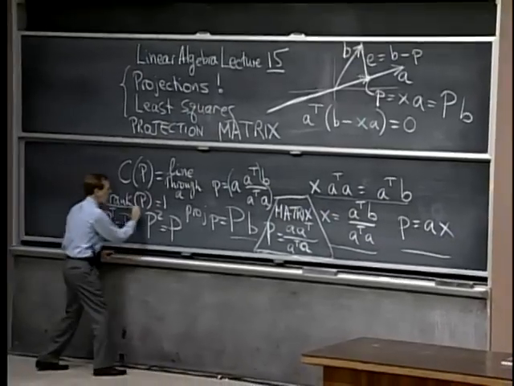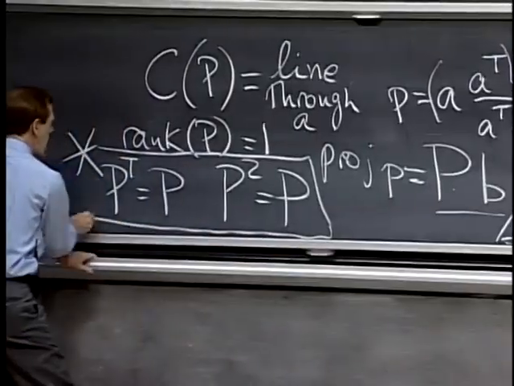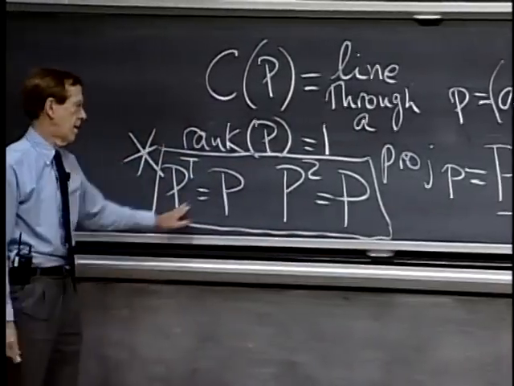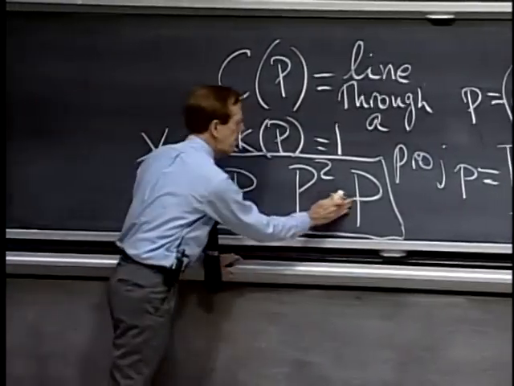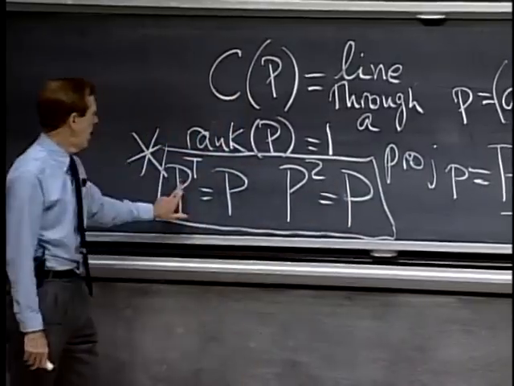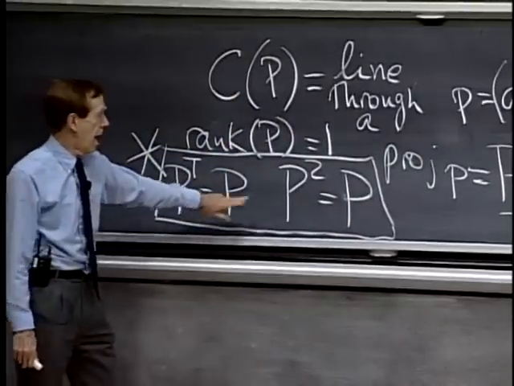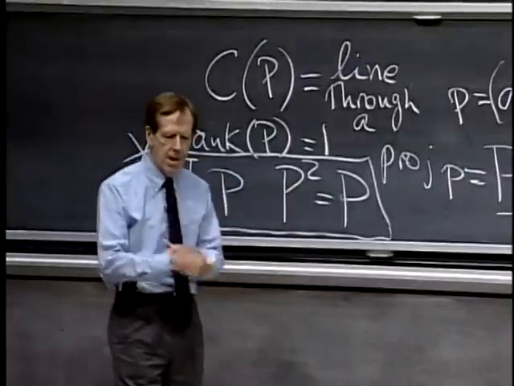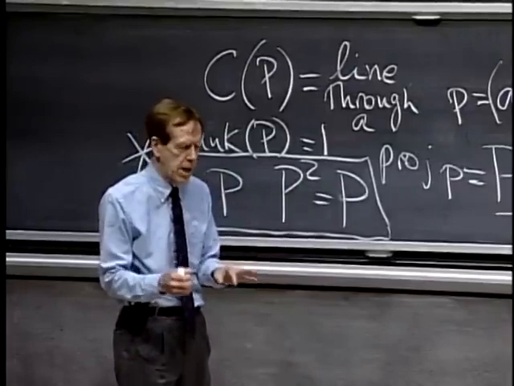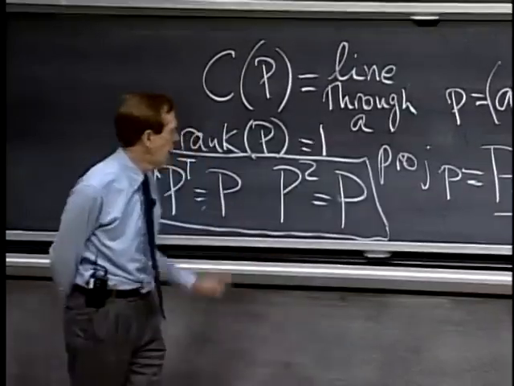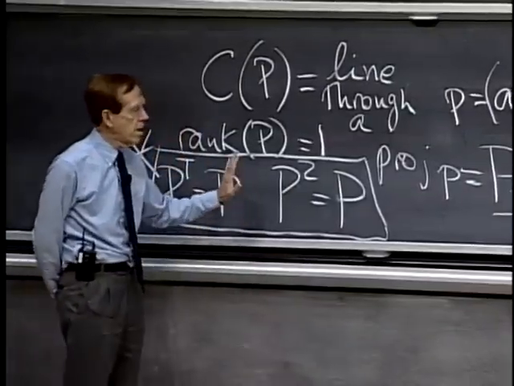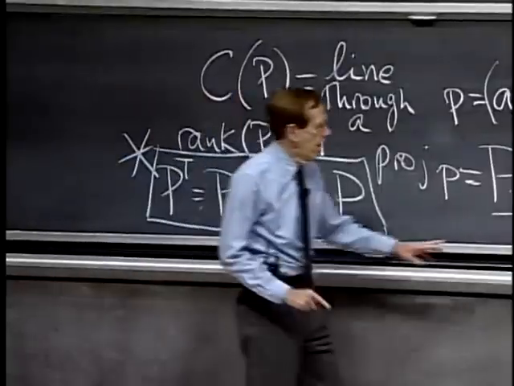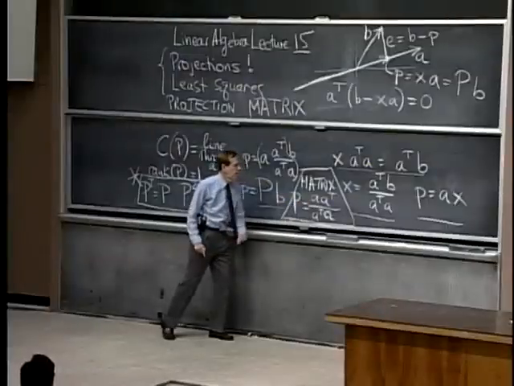So those are the two properties that tell me I'm looking at a projection matrix. It's symmetric, and its square is itself, because if I project the second time, it's the same result as the first projection.